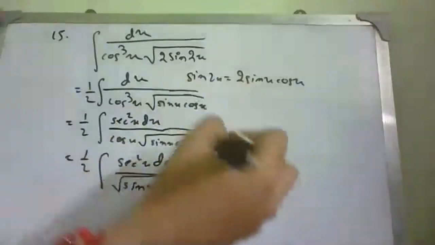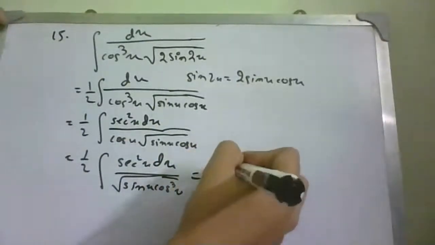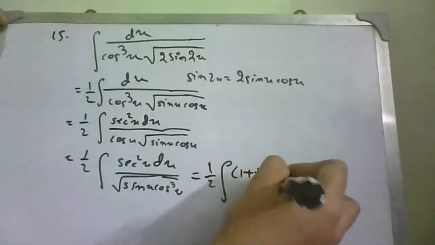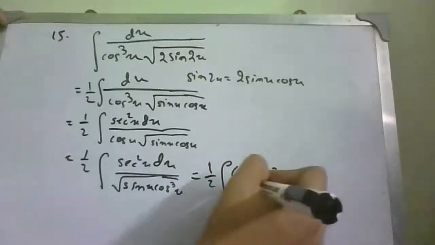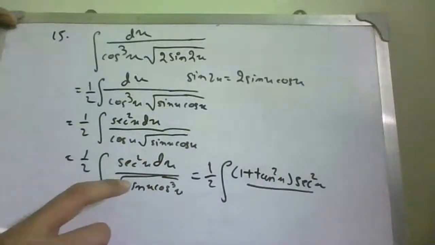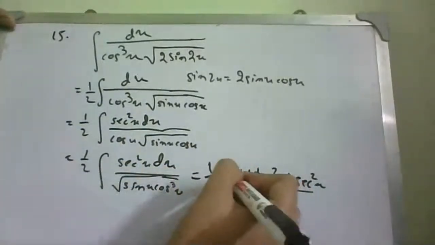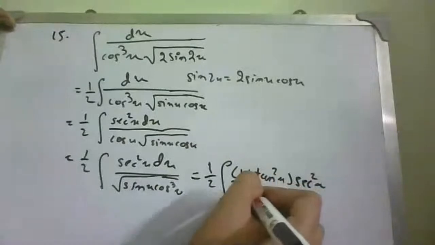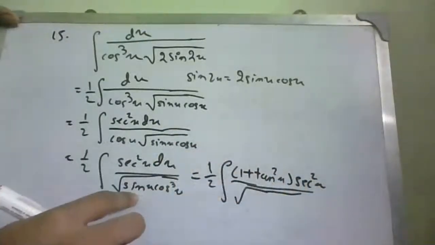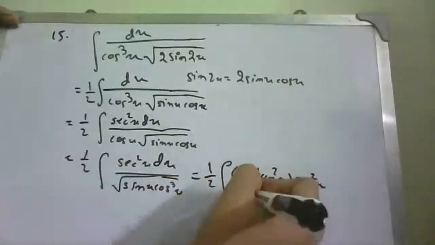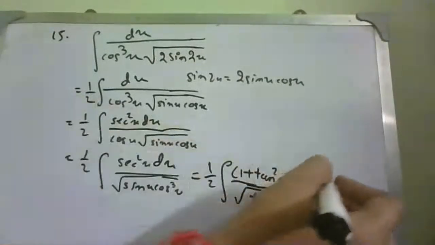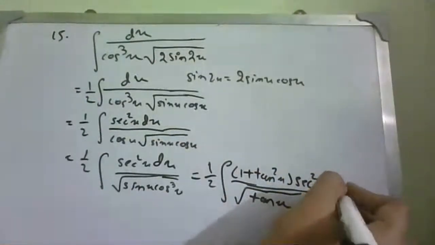So if we divide again by cos square x, that will be 1 plus tan square x times sec square x over, if we divide by this, then we will basically have root under sine x times cos cube x. This cos cube x will get cancelled out, so we will be having tan x. So again, we can probably deal with it.